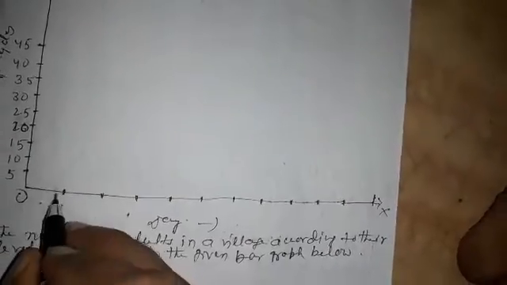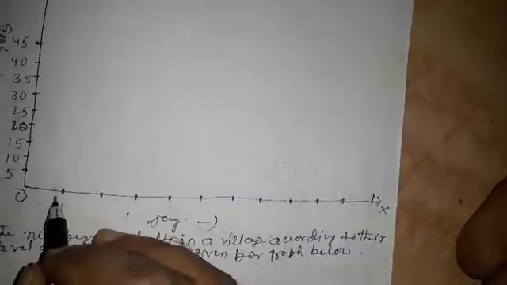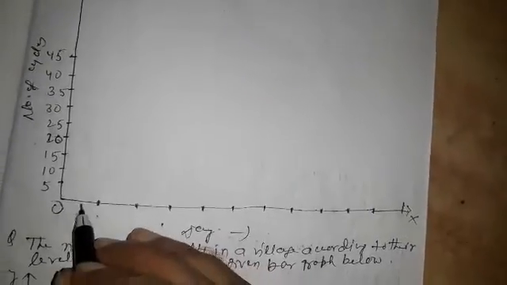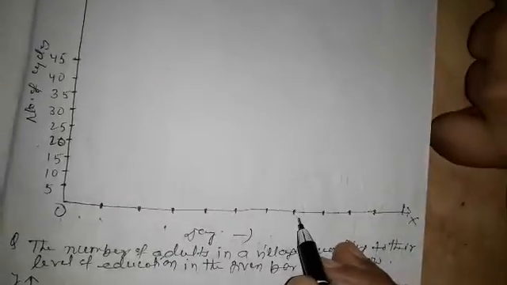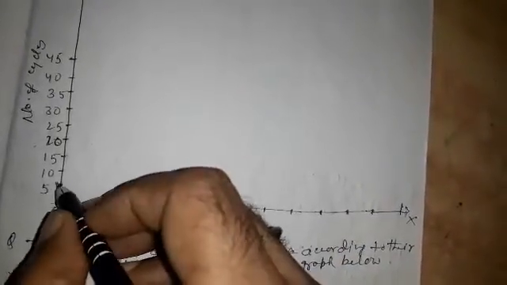Now we calibrate OX into equal widths, and also calibrate OY in equal widths.